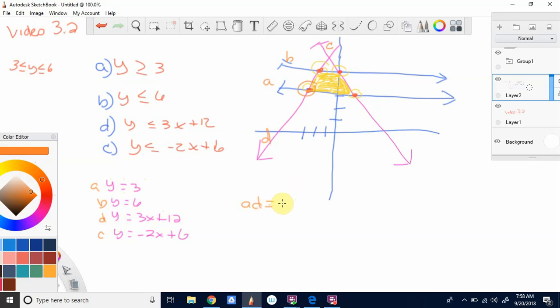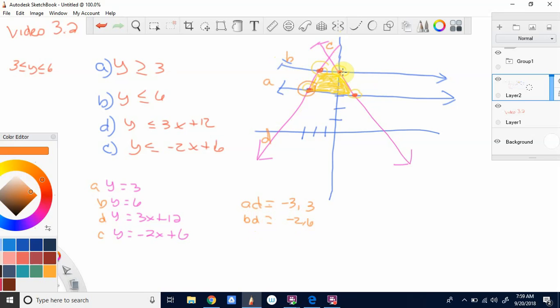We're not going to spend time in this video doing systems of equations. This is something that you should know by now. If not, we can go over it in class. The next coordinate we want to get is the system of B and D. The intersection of B and D is going to equal negative 2, 6.